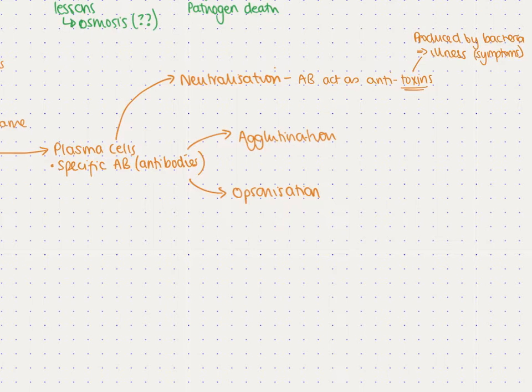Okay, and once they act as those antitoxins, they are able to stop the effect of toxins, so we don't get as sick. Now, agglutination works sort of alongside opsonization, so I'm going to link them just there. And agglutination is where your antibodies attach to more than one antigen.